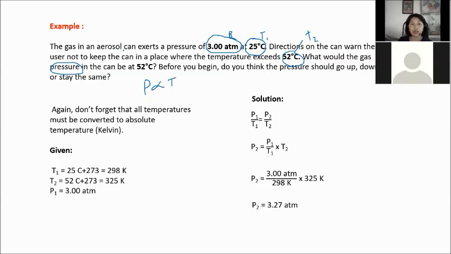So, first is simply convert Celsius to Kelvin. And then we have P1. And then recall the formula. And then since P2 ang unknown, so multiply na natin ito doon si T2, tabi ng P1.